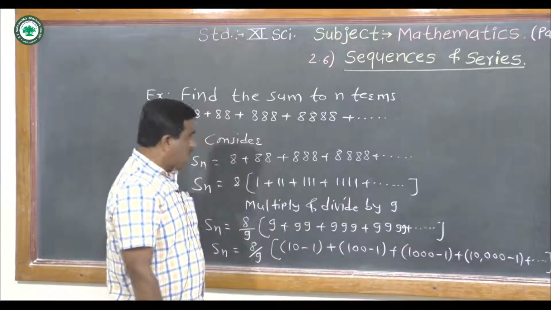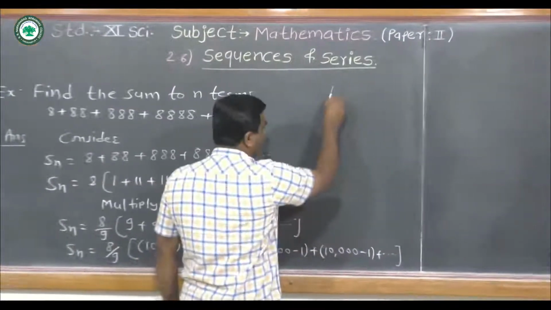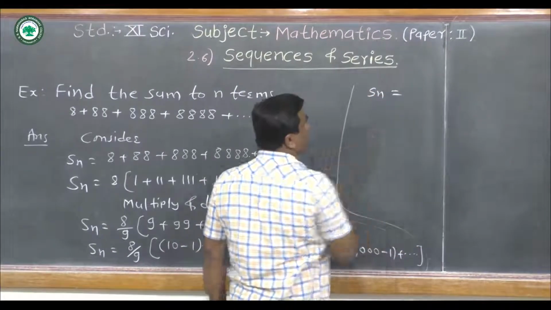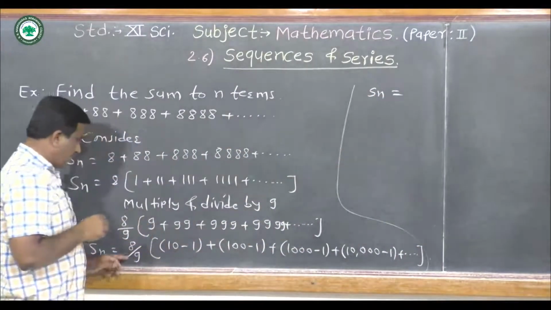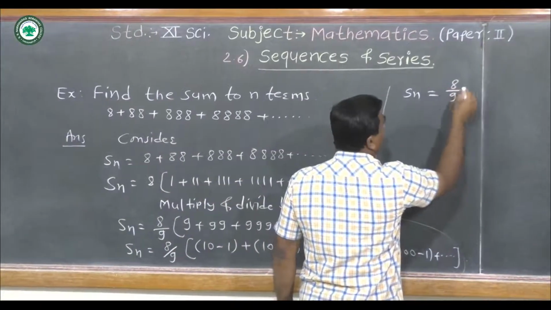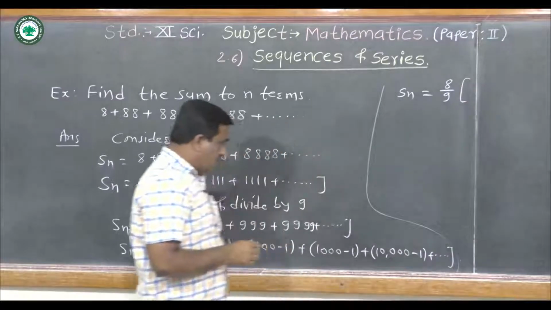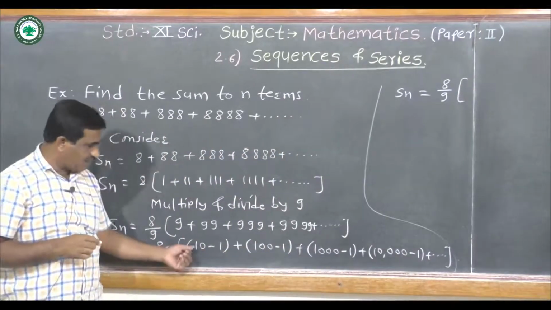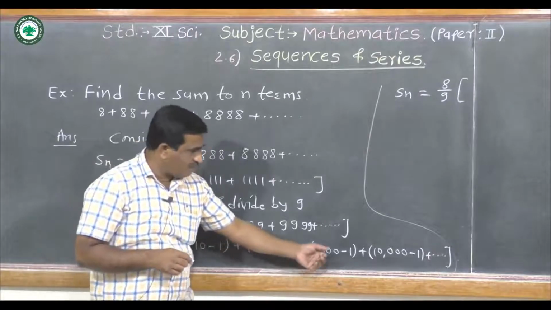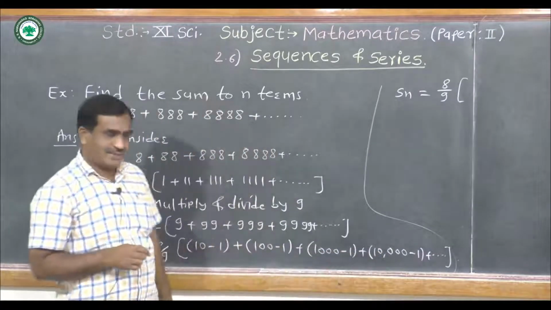Now Sn equals 8 by 9 into, in bracket, take the terms 10 plus 100 plus 1000 plus 10,000 in the first bracket.